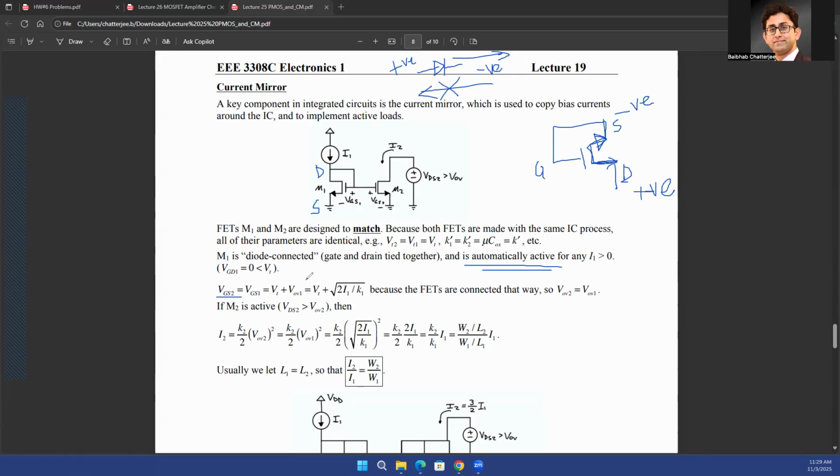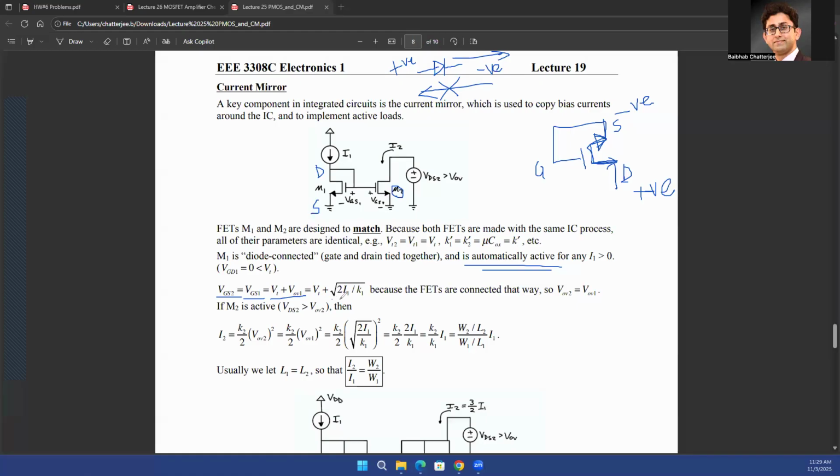Now VGS2, the gate to source voltage of transistor M2, is going to be equal to the gate to source voltage of transistor M1. Why? Because the gates are connected together and the sources are connected to ground, which means they are also connected together. So the VGS of the second transistor is equal to the VGS of the first transistor. And VGS of the first transistor is equal to VT plus V overdrive, just by definition.